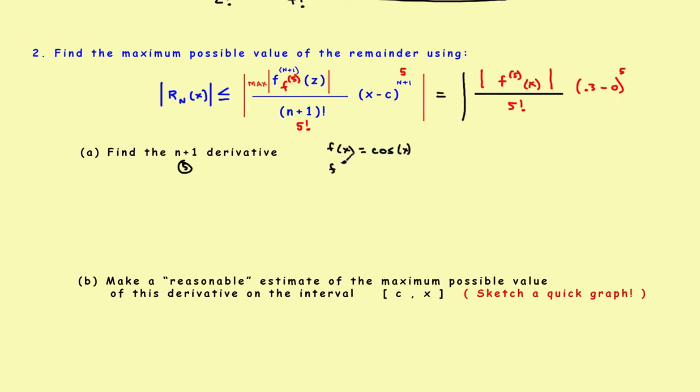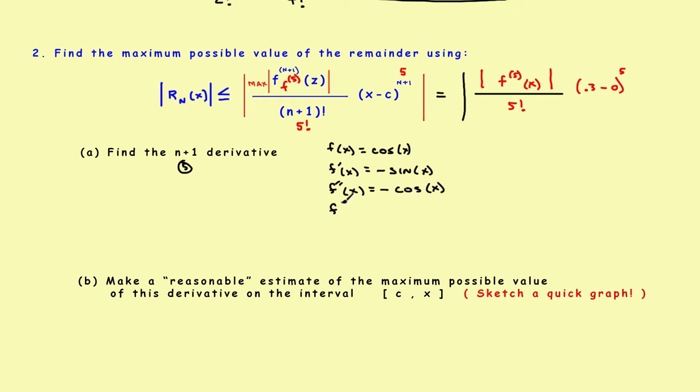So the first derivative, the derivative of the cosine, is the negative of the sine. Then you want the second derivative. Again, it'd be the negative of the sine, which would give you the negative of the cosine.